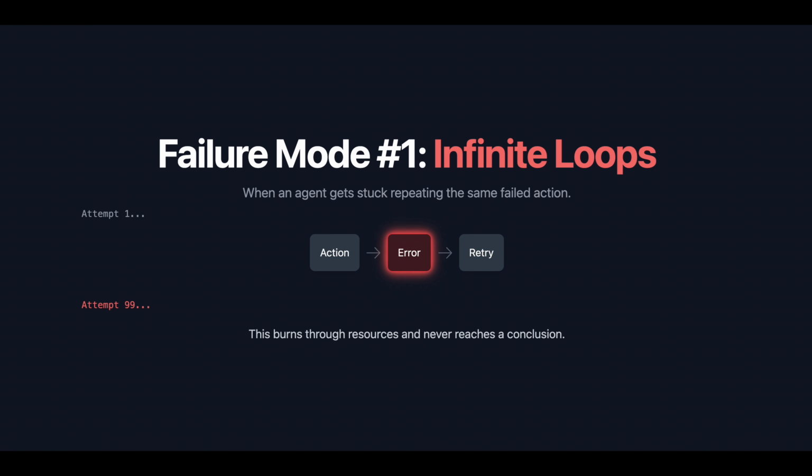Failure mode number one is infinite loops. If you've worked with agents enough, you might have run into this where an agent gets stuck repeating the same failed action over and over. An example where this has happened to me is for SQL query tools where the agent tries to run SQL against a database, but a table doesn't exist or it got the column name wrong, and for whatever reason it tries to fix it, but it just doesn't have enough context or it's just not a good enough model to correct the mistake.